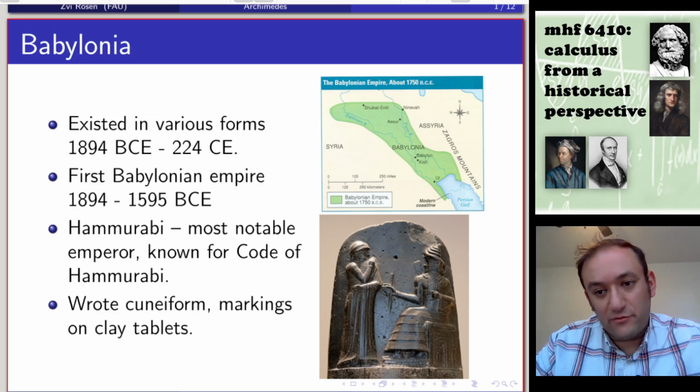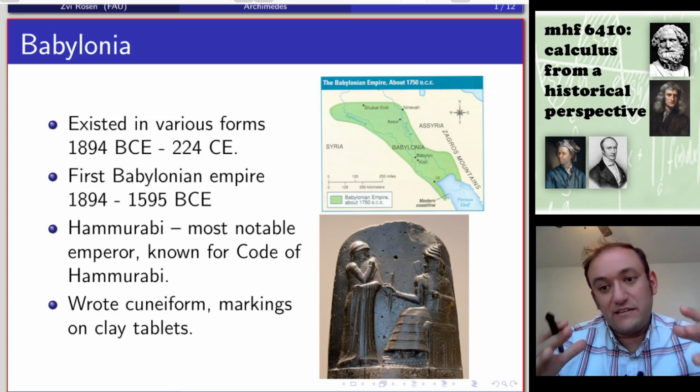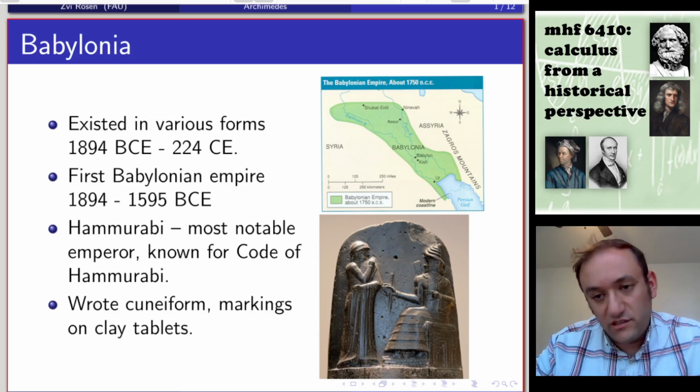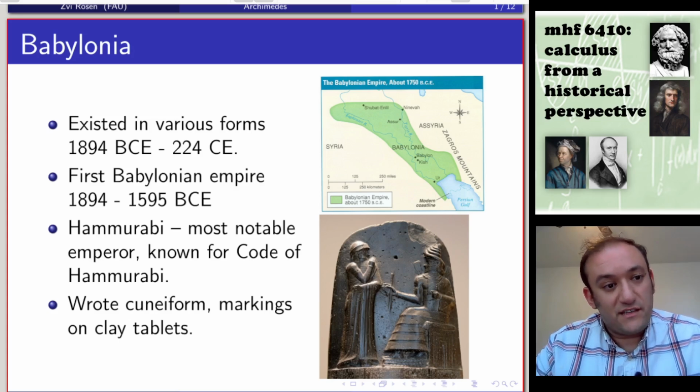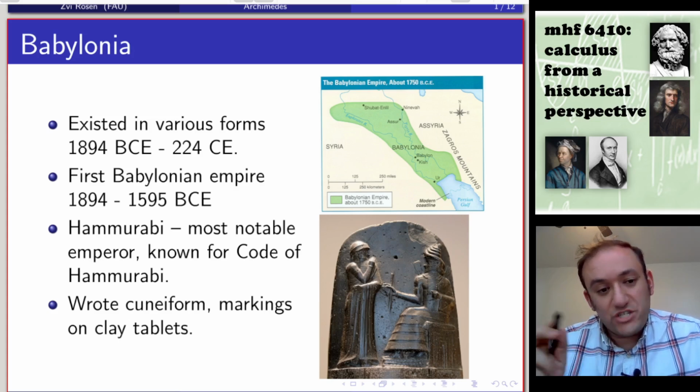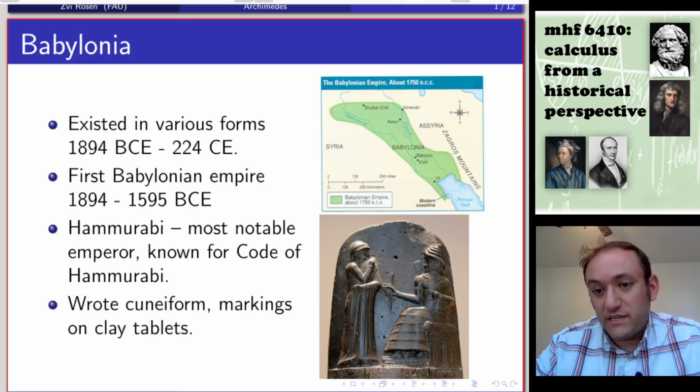And this is found on a stele, which is a large stone object on which the code of Hammurabi is carved, which is stored in the Louvre in France. Another notable thing about Babylonian civilization is they wrote cuneiform, which are wedge-shaped markings on clay tablets, and that's how they recorded information.